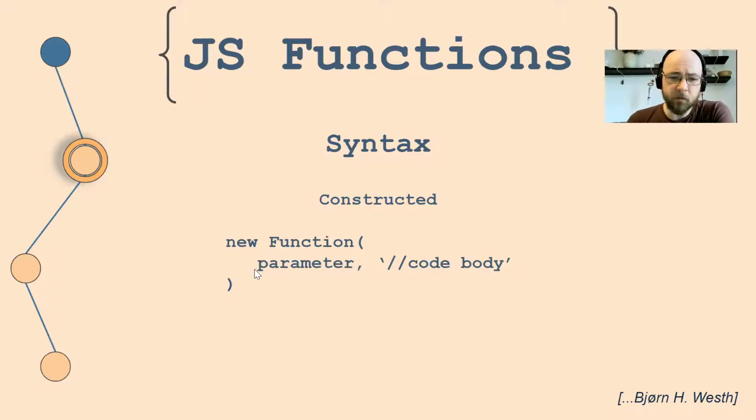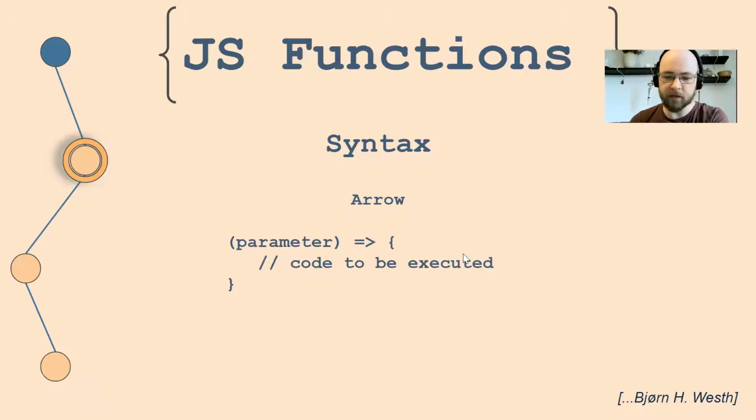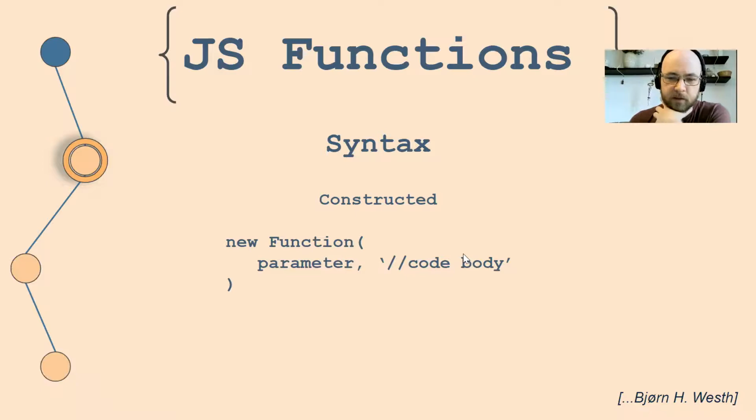The syntax is you put in parameters separated by commas, and the very last parameter is the code body as a string, which is a bit weird. I guess that's why no one uses it. It's weird, but this code body is equal to this thing, right? You just put it as a string in the end. Weird, no one uses it, don't use it.